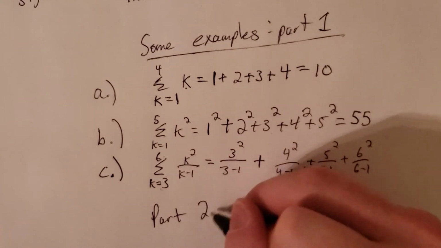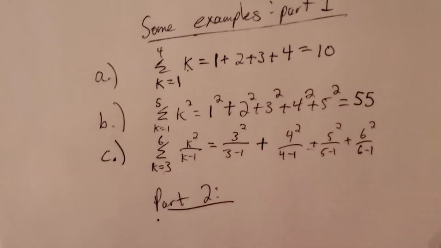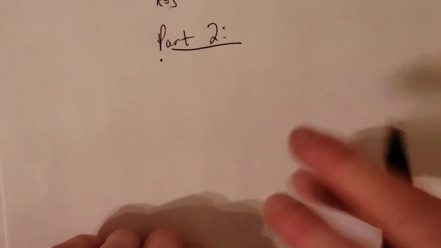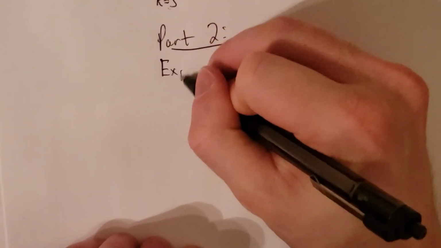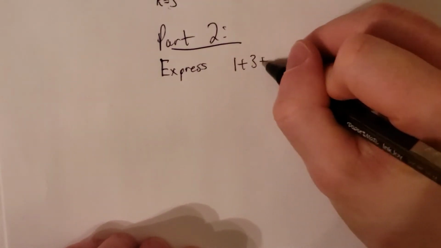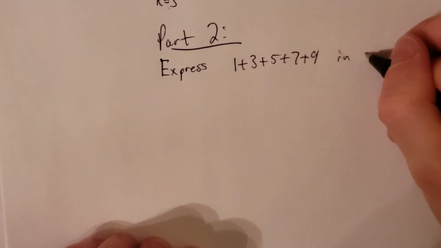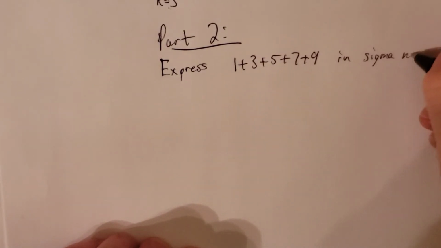Let's do examples, part 2 now. Let's express 1 plus 3 plus 5 plus 7 plus 9 in sigma notation.